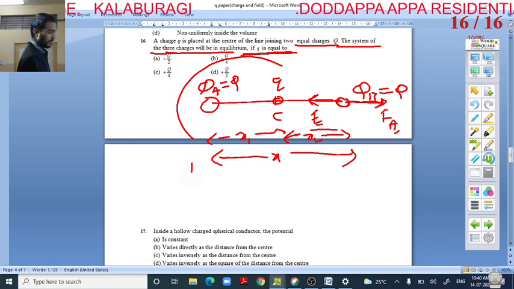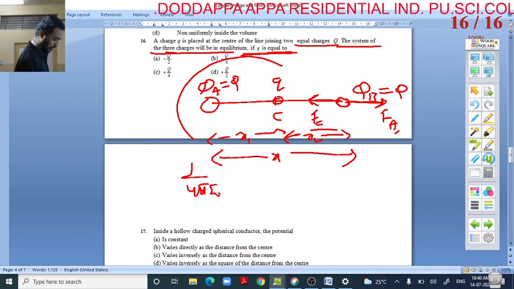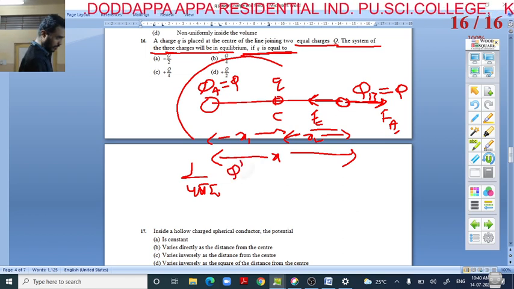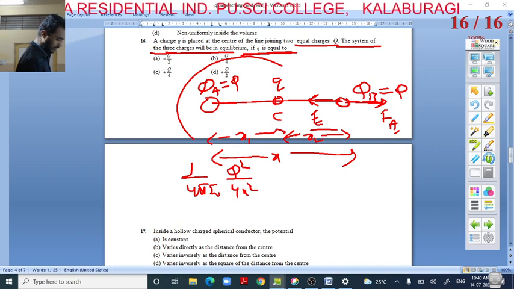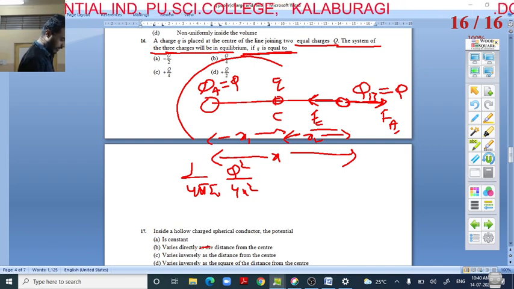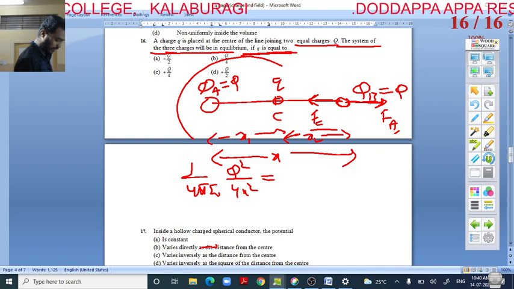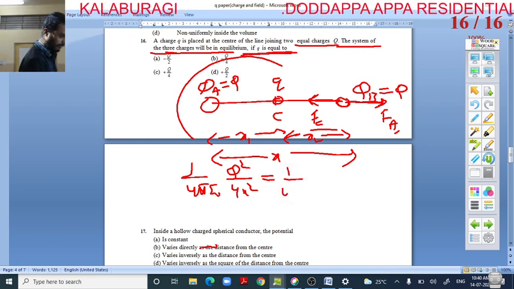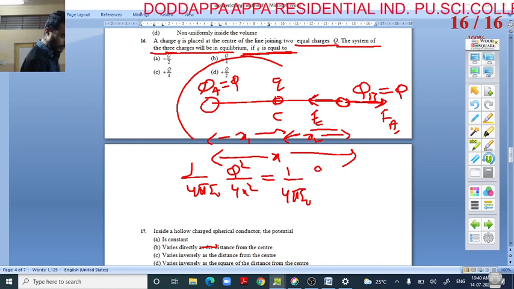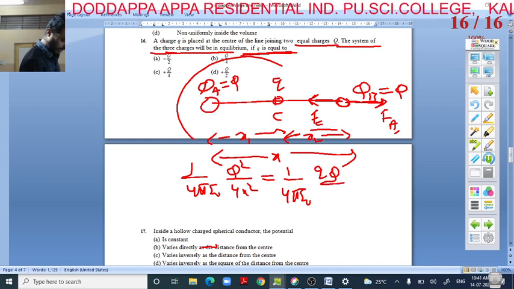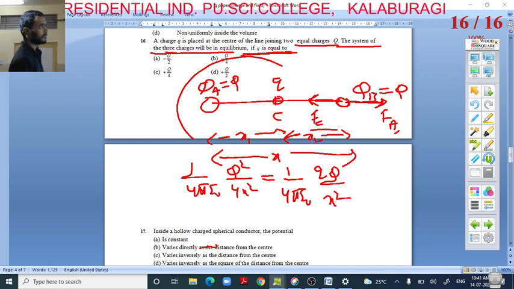Okay, so as per this I will define, for this 1 by 4 pi epsilon Q square divided by 4x square, that is equal to 1 by 4 pi epsilon small q capital Q divided by x square, right?